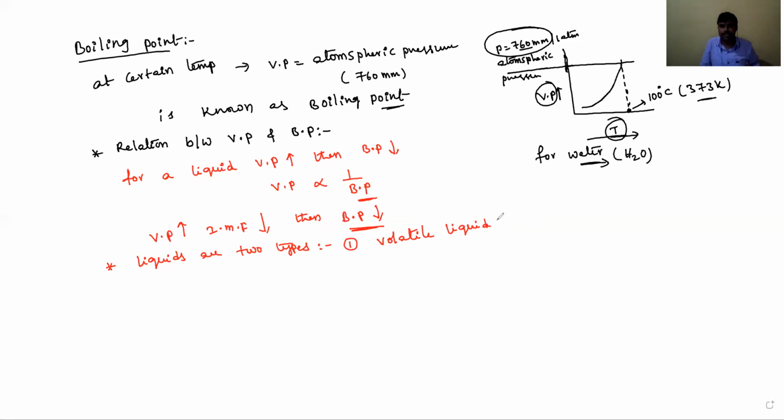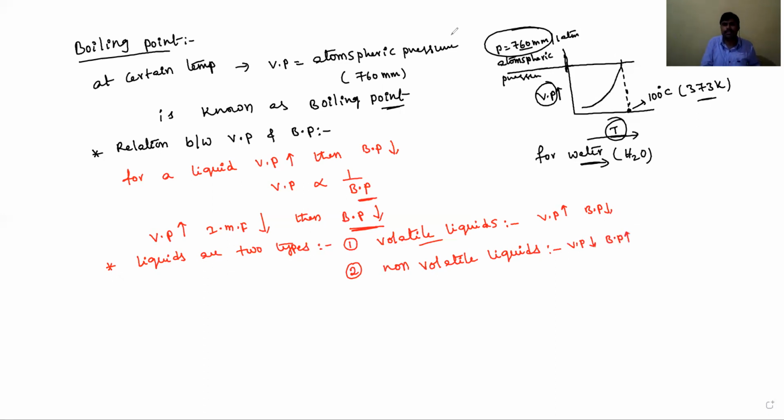The second is non-volatile liquids. If volatile liquids are present, their vapor pressure is more and boiling points are low. If non-volatile liquids are present, the vapor pressure is low and boiling points are high.